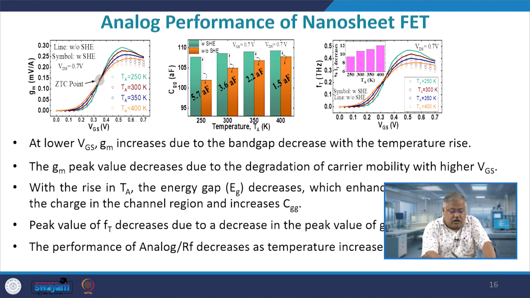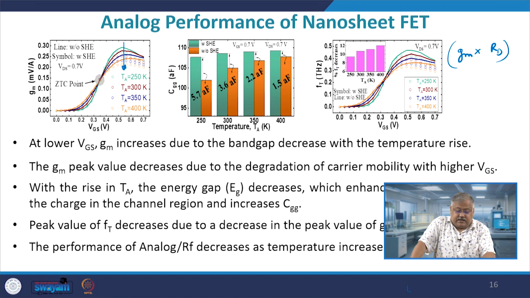If you look at the GM versus VGS graph here, as the effective temperature TA goes on increasing, the value of your transconductance starts to fall, which means that the amplification available to an analog device, which is GM times RD, the drain resistance in the external circuit, will actually reduce.